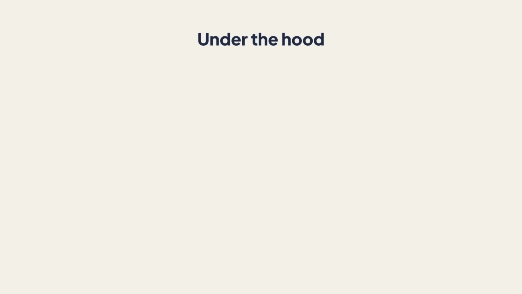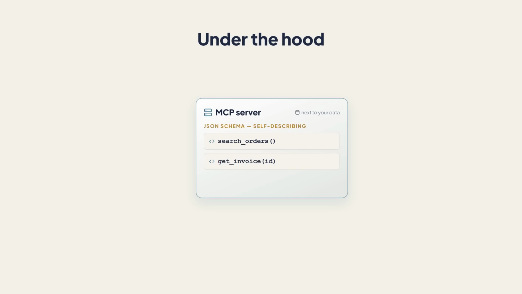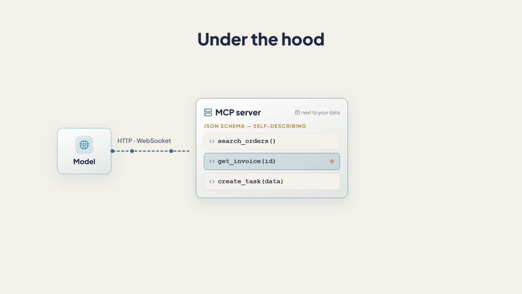So what's actually happening under the hood? An MCP server is a lightweight process that sits next to your service or data. It describes what it can do and which functions it exposes using JSON schemas. The model connects over a standard interface, HTTP or WebSocket, and receives that metadata. From there, it calls functions directly, not by guessing, but by reading the schema.